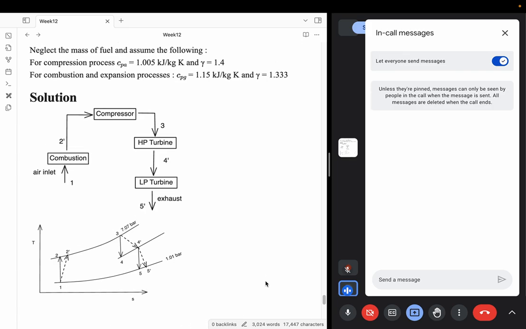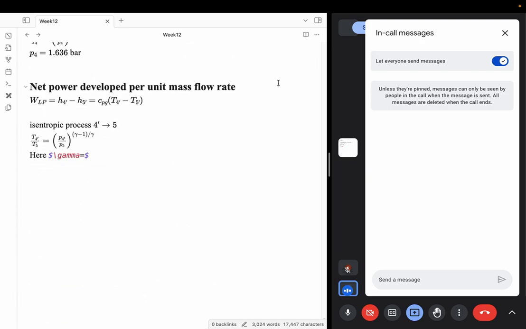The gamma should be for the gases, because this is after the combustion. Before, this was air, so there you should be using a gamma of 1.4, but after combustion you'll have those gases. So you should be using Cp or gamma, whatever, of the gases. So the gases one is 1.333. So we will use 1.333.